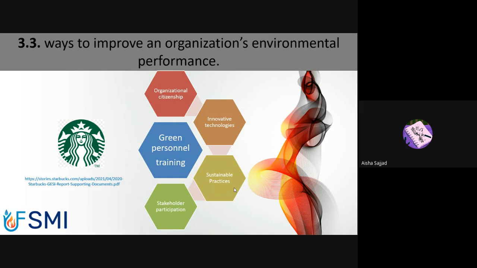They are taught how to use innovative technologies in their processes, technologies that are more green and more sustainable, how different sustainable practices can be embedded in the organizational procedures, how citizens or the community can be included so that environmental performance can be improved, how the stakeholders need to be included, and how the partners need to be there. So these are different names of different kinds of programs that are used internationally for optimizing any organization's environmental performance.